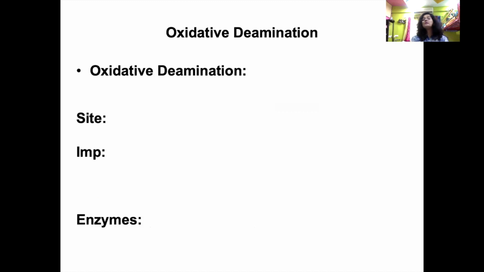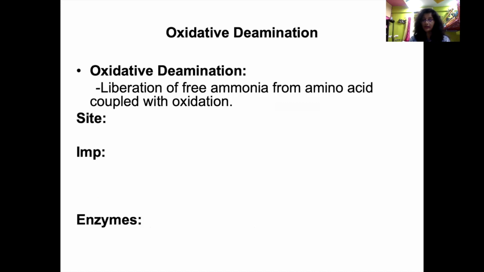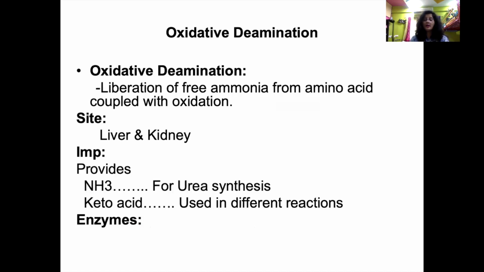Now let's discuss oxidative deamination. As we have discussed, it is deamination coupled with oxidation. Most of this oxidative deamination occurs in the liver and kidney, and the importance is that it provides ammonia for urea synthesis, and it also provides keto acids which can be used in different reactions.